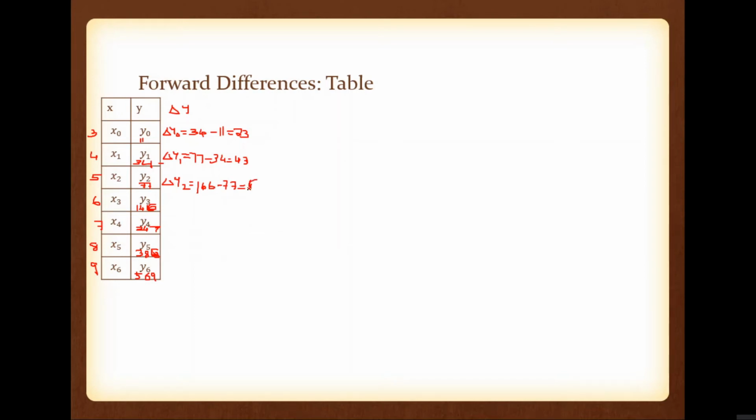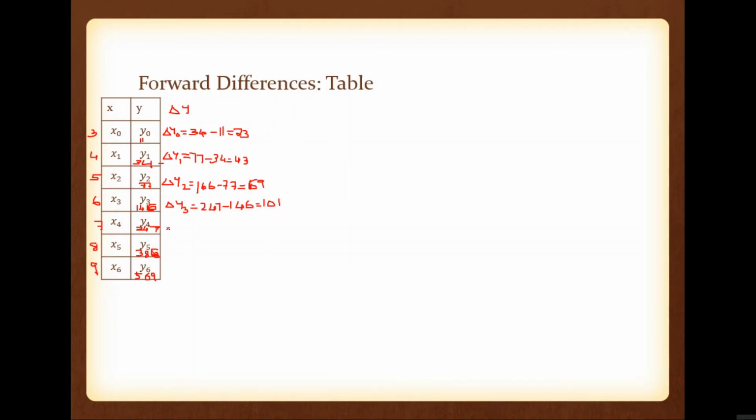Next is delta y3, which is 247 minus 146, so this is equal to 101.